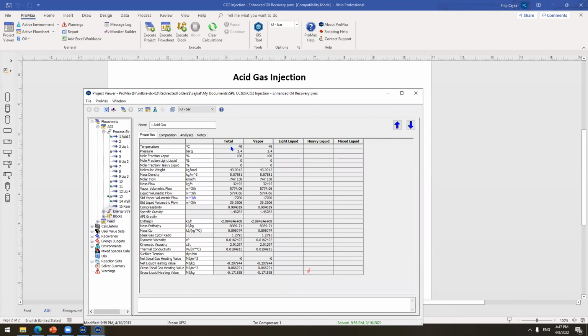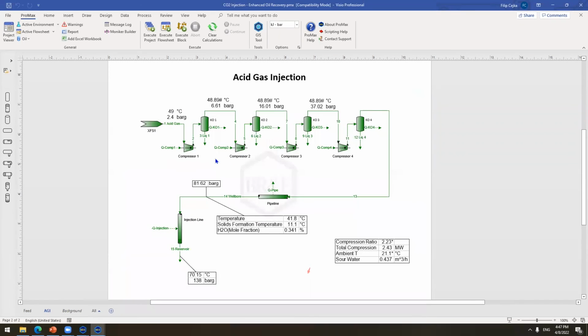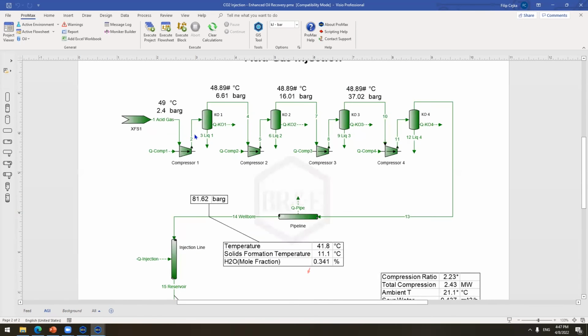You start at about 49 degrees Celsius and about 2.4 bar gauge, and you can see there's 17,700 cubic meters per hour. And then you have a series of compressors. In every stage, the compression will heat the acid gas.